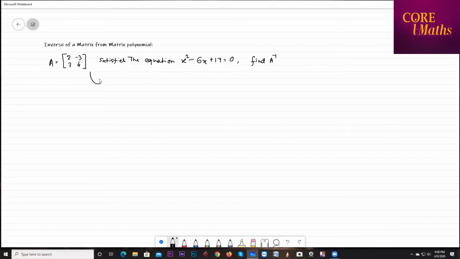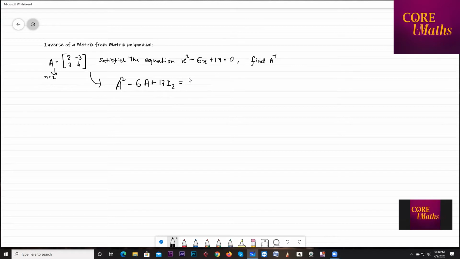So in matrix form we can write A square minus 6A plus 17 I of order n equals 2, that is 17 I2, and in place of that 0, whenever we write it as a matrix polynomial, the value 0 in matrix form will be a 2 by 2 zero matrix, that is big 0, right?